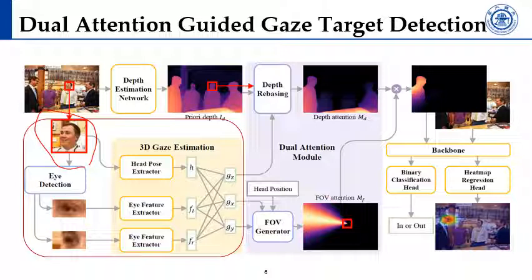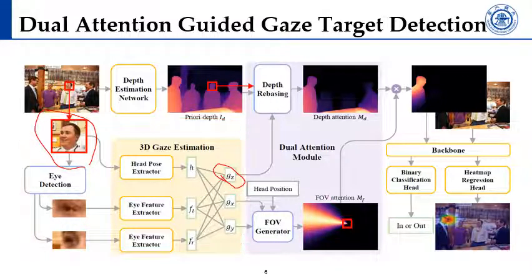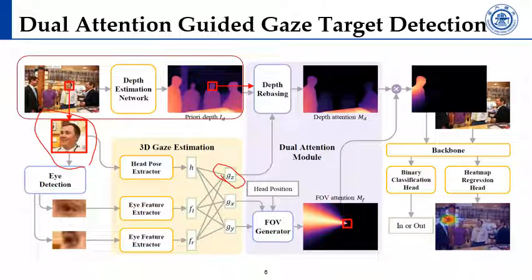The result of 3D gaze estimation provides the important depth information, g_z, here, of the gaze target. So you can understand that this information actually indicates whether the human is looking forward, backward, or sideward. Then we use a depth estimation network to estimate the depth map of the whole image.